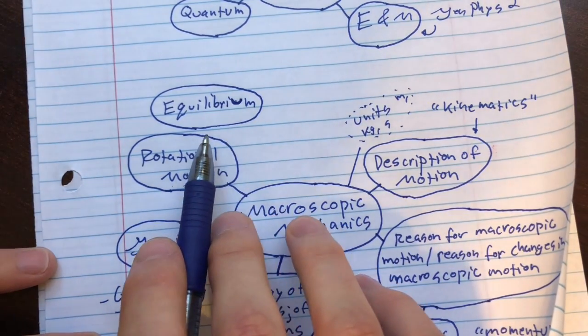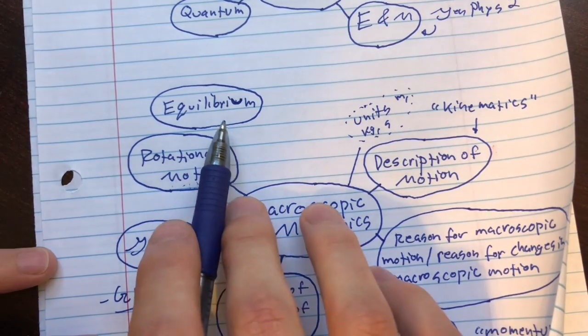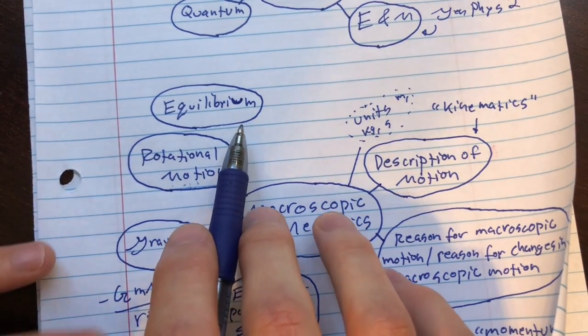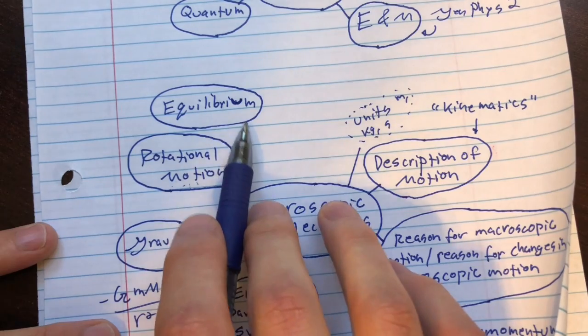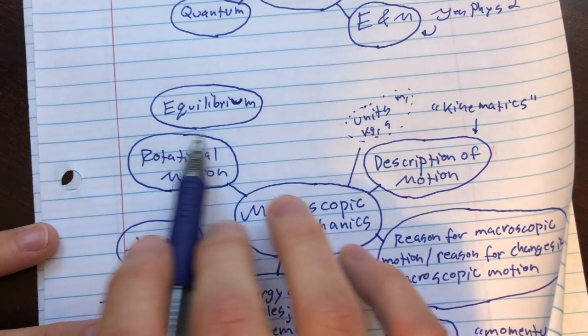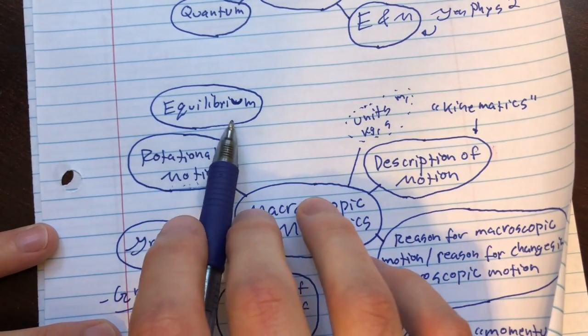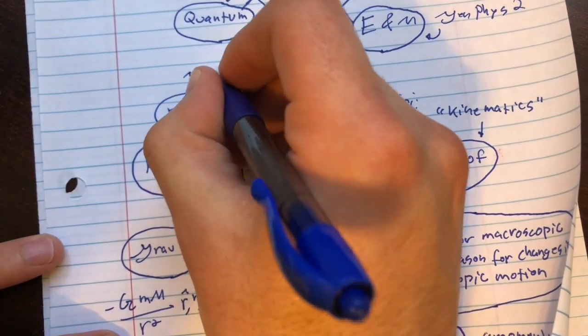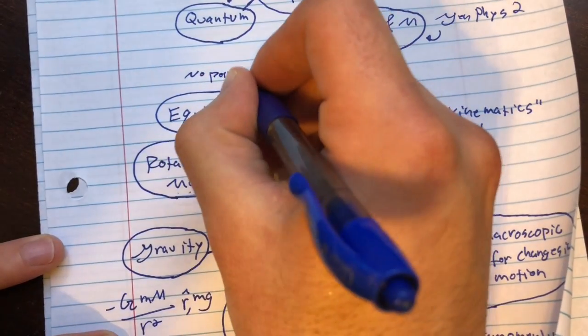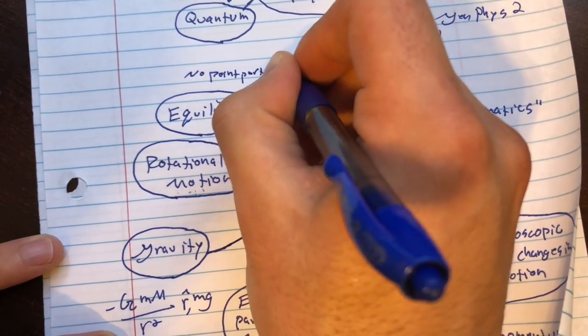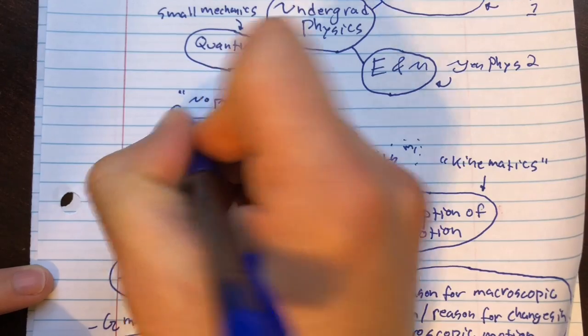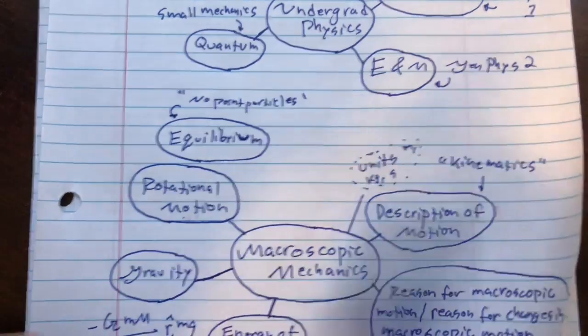You're going to make sure that the net torque on the system is 0. And if it's not 0, then what's going to happen? So you're going to get into systems that are at equilibrium. So this is no point particles. You're just going to be talking about systems that are at equilibrium and how you know that.